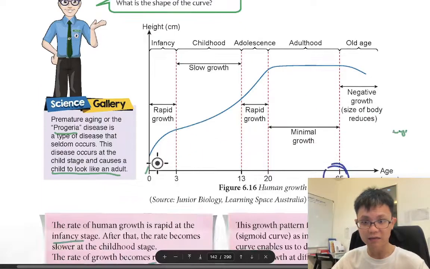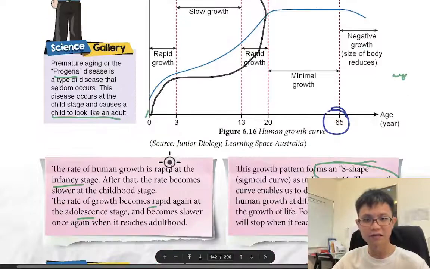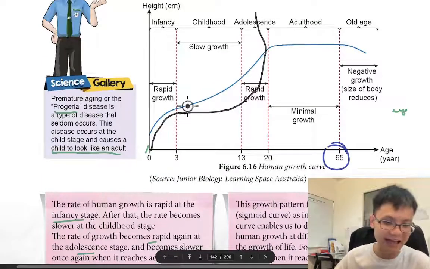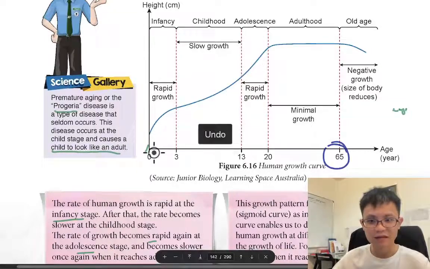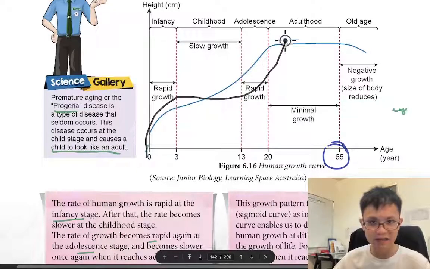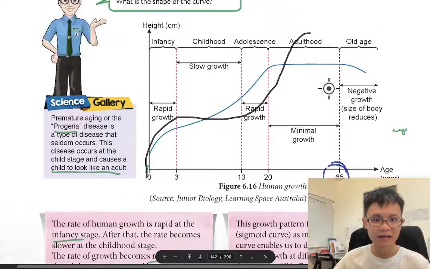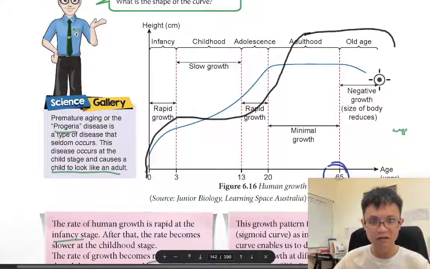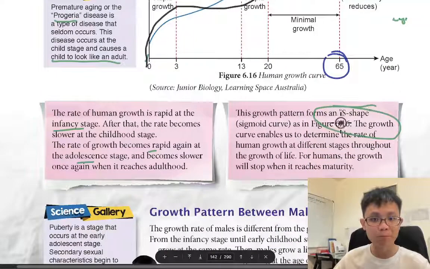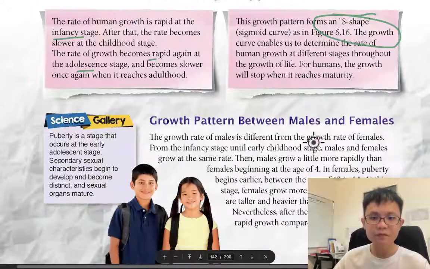S like here lah. Yeah, can you see or not? Maybe it doesn't look like an S, but it's still like an S lah, like this, like this, and then it goes down. Okay, so it's more like an S shape. We call it the sigmoid curve.